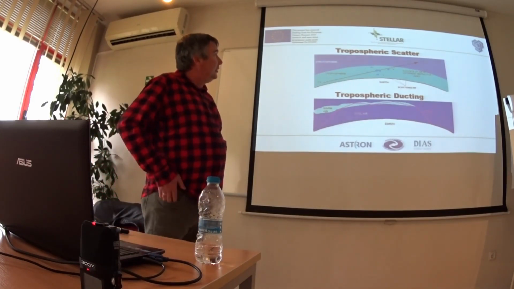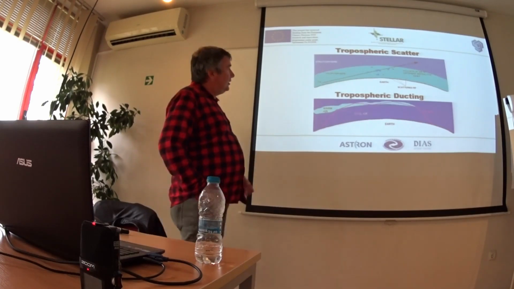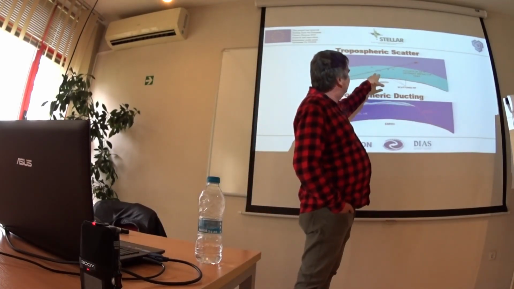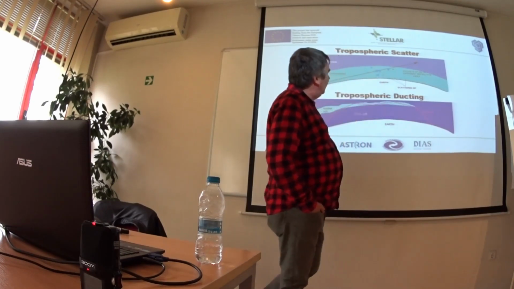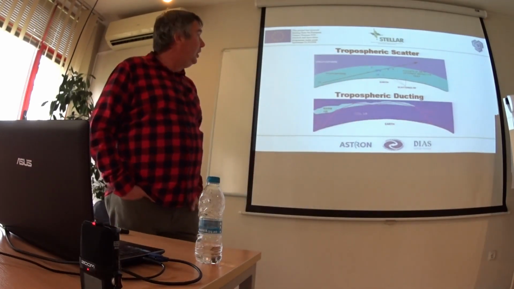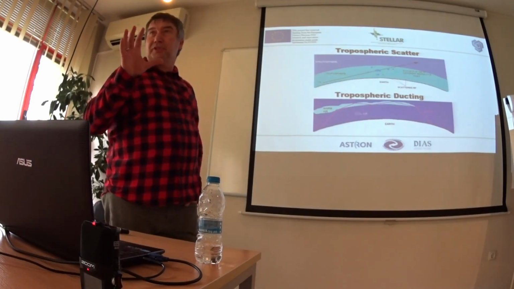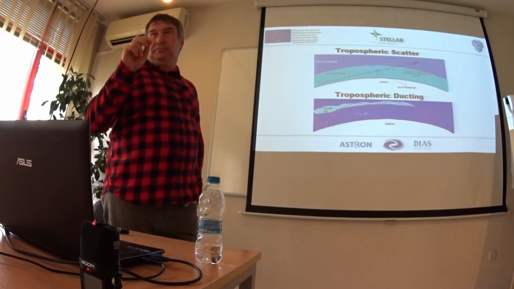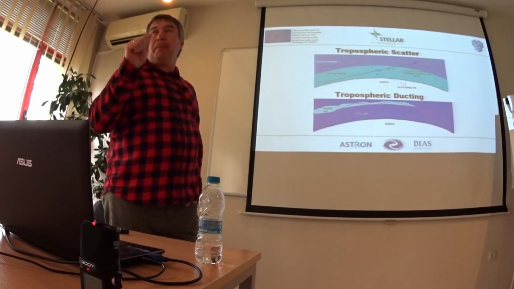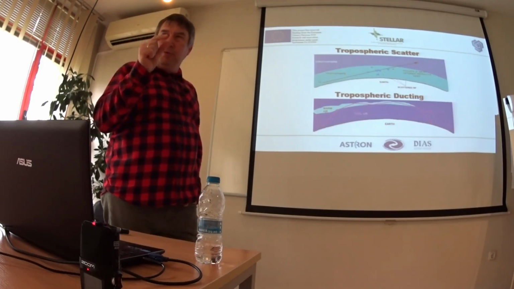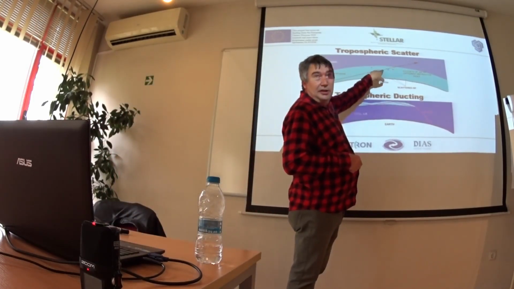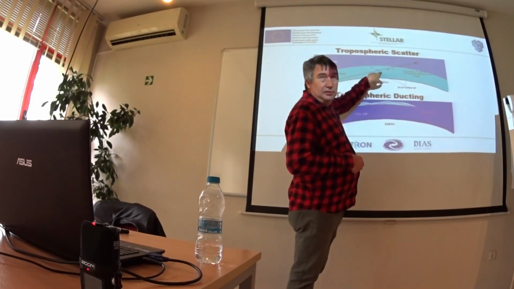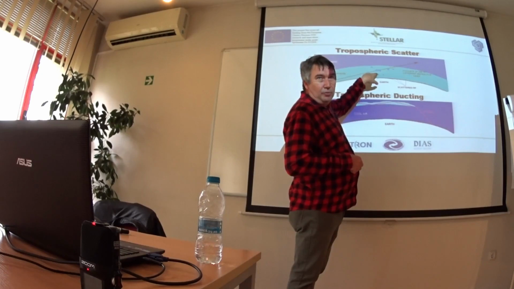So, tropospheric scatter. This is because of turbulence. Because of turbulence, we have some volumes in the air where the dielectric constant is a little bit different than in other air around this volume.